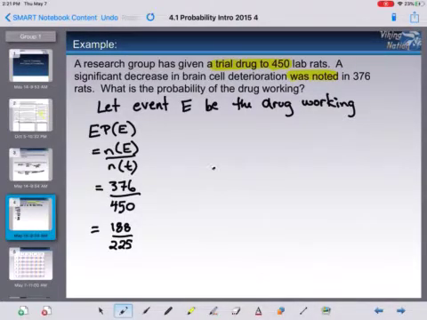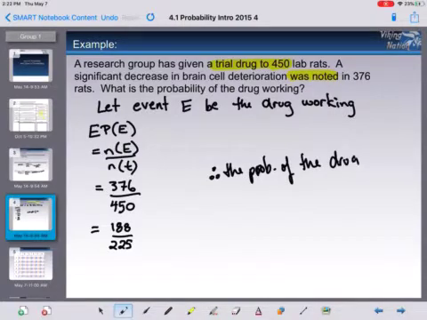And then in my therefore statement, so therefore, the probability of the drug working is, this is where I'm going to convert that to a percentage, because our brains kind of work in percentage better, right?